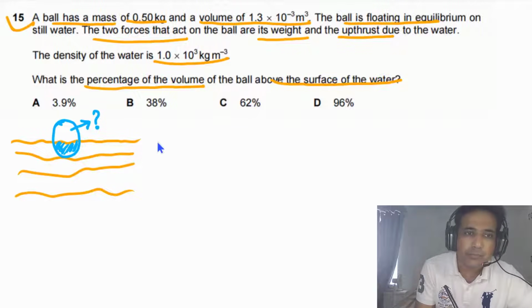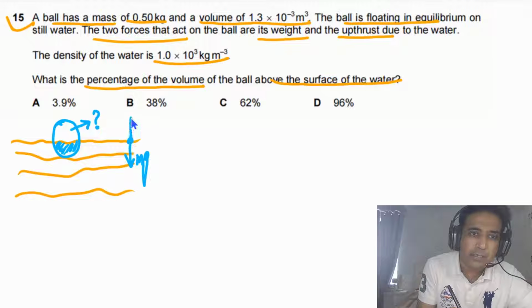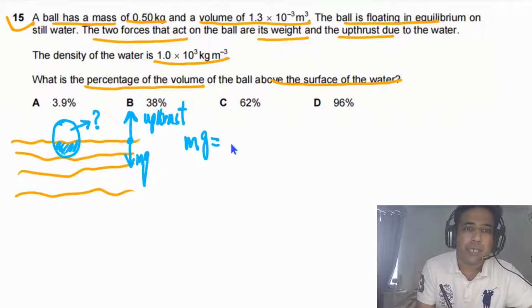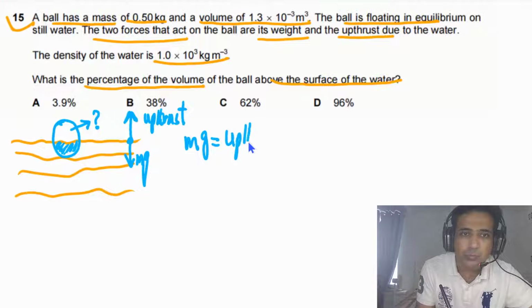So in this case, there are two forces acting on the ball. One is the weight that is acting downwards and the other is the upthrust, and these two forces are equal in magnitude. So it simply means that in this case mg, the weight of the ball, is equal to upthrust, and upthrust is equal to weight of fluid displaced.